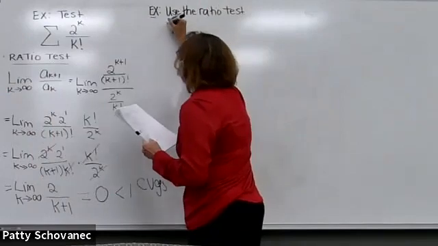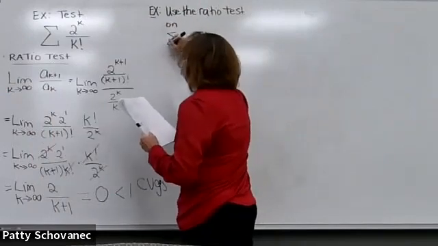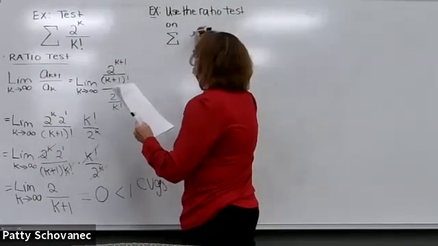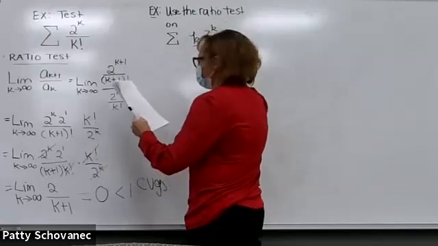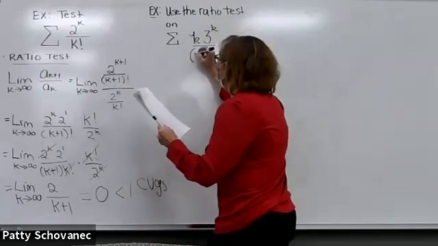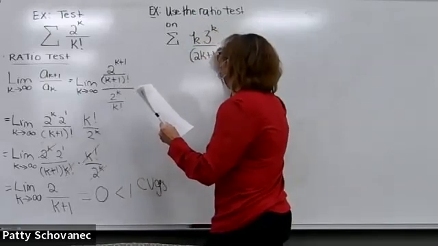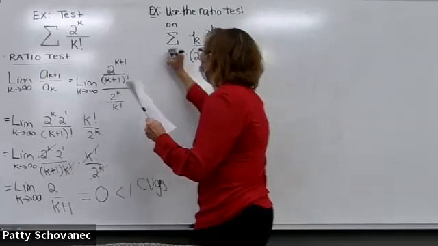Use the ratio test on the series k times 3 to the k divided by 2 times k plus 1 factorial.